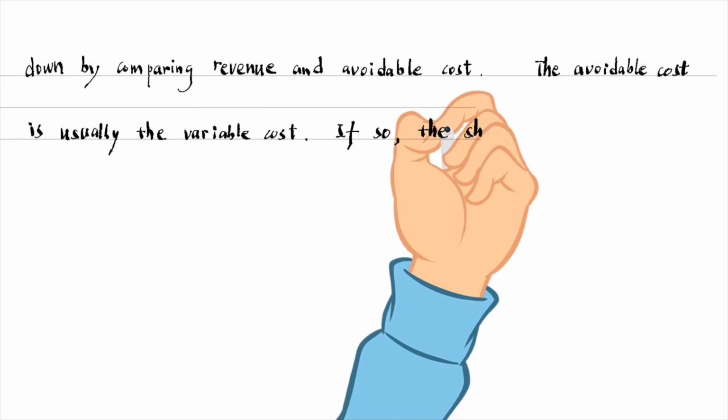However, if part of the fixed cost is avoidable, such as the firm can resell part of its machines, then ignoring the fixed cost could underestimate the avoidable cost and affect the shutdown decision.